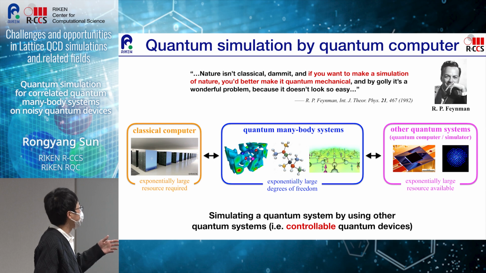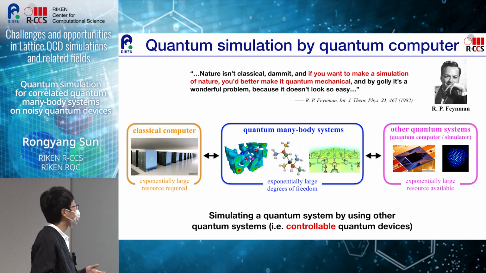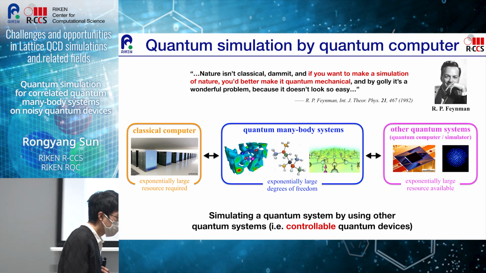Currently, we have quantum computers and quantum simulators to simulate the system of interest. So quantum simulation means simulating a quantum system by using other quantum systems, i.e. some highly controllable quantum devices.